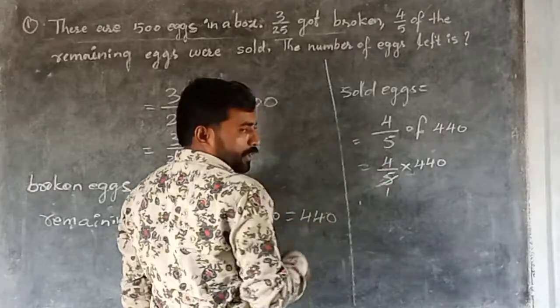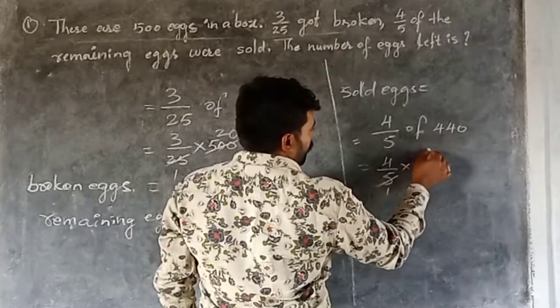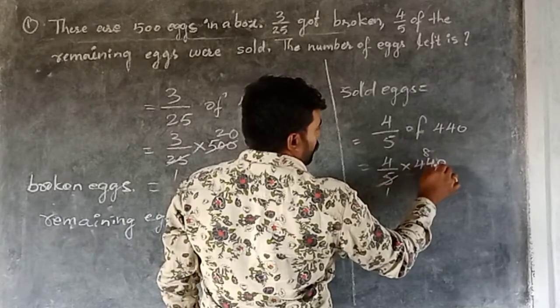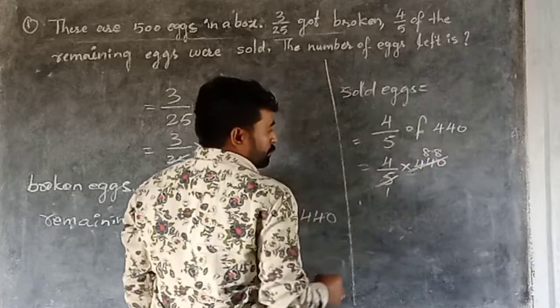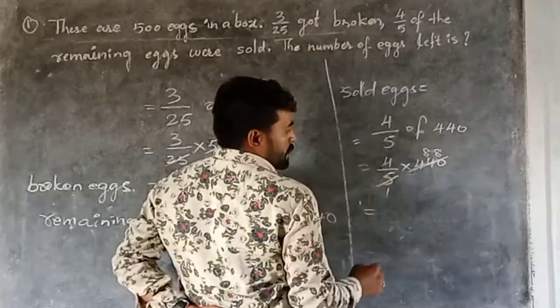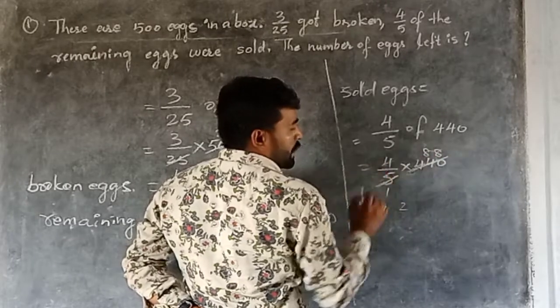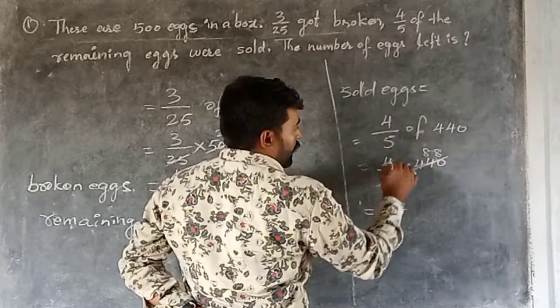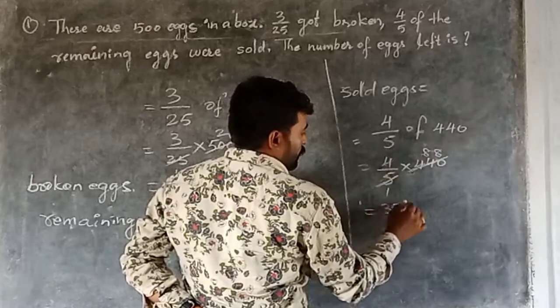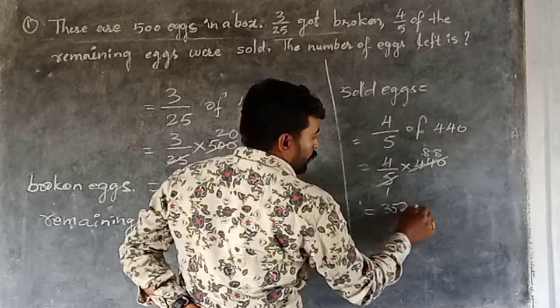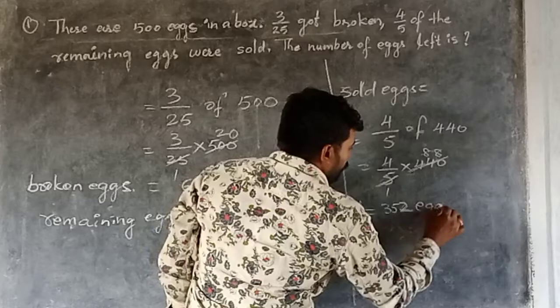There 5 ones are 5. 5 8s are 40. 4 will be left. 5 8s are 40. Now 4 8s are 32, 2, 3 carry. 32 plus 3 is 35. That means 352 eggs were sold.